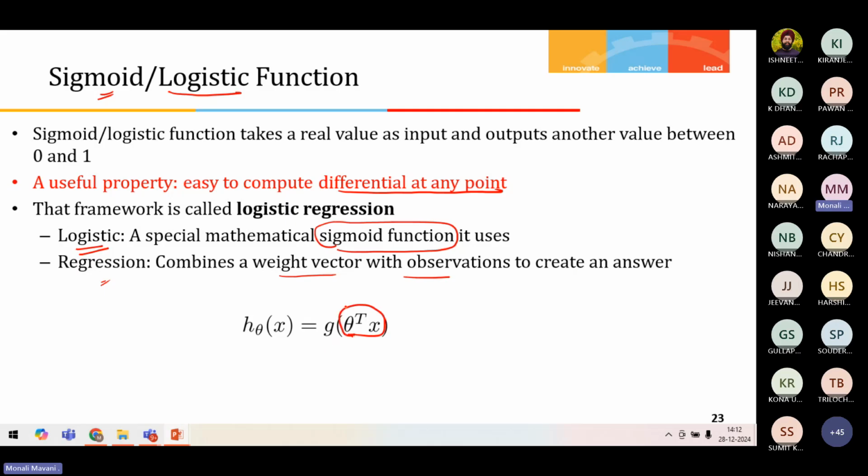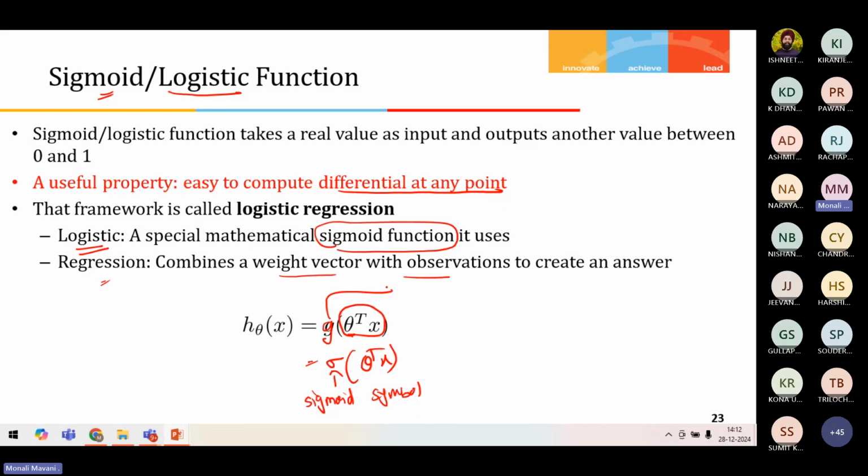That's a regression technique that we are passing through a non-linear transformation. G is generally the letter we use to show a non-linear transformation. But in the case of logistic regression, we can write a very specific symbol. This is the symbol for a sigmoid function. Like we have an alpha function and a beta function, we have a sigmoid function.